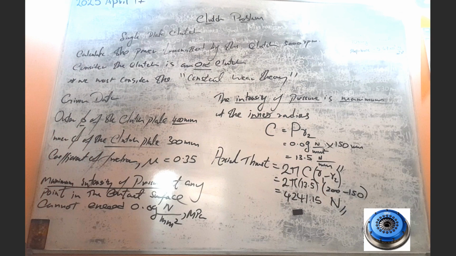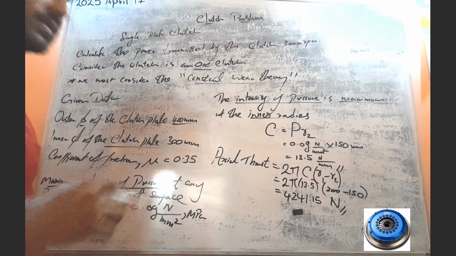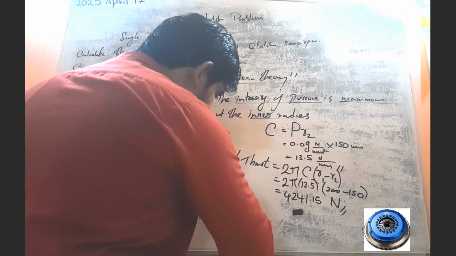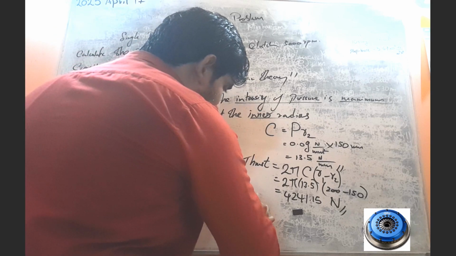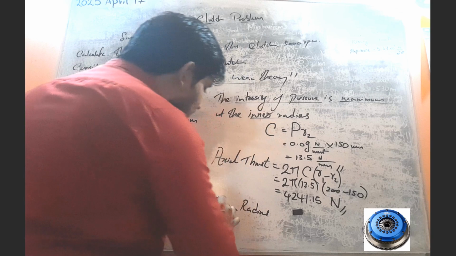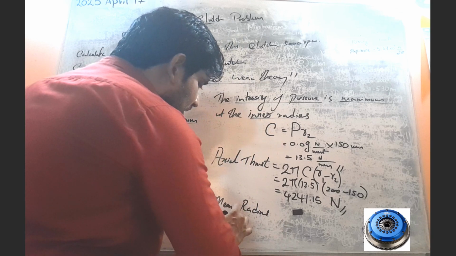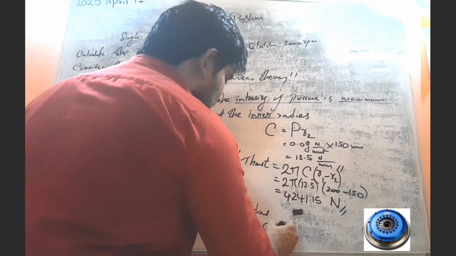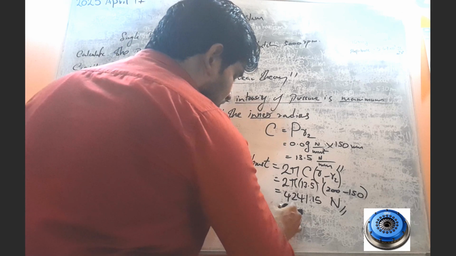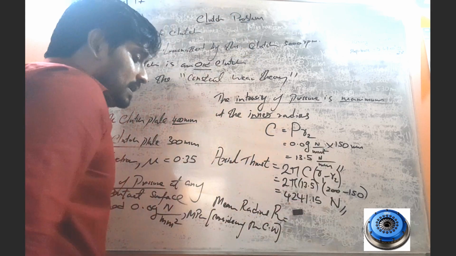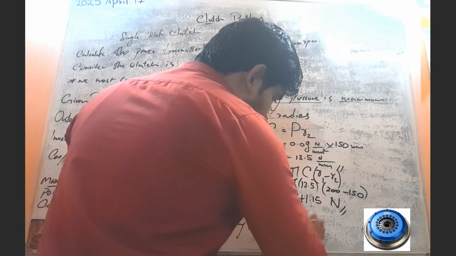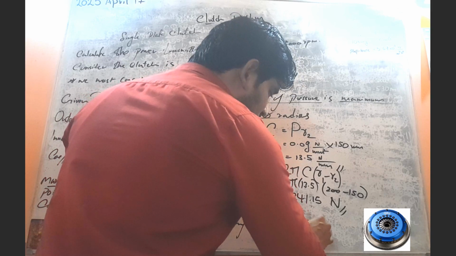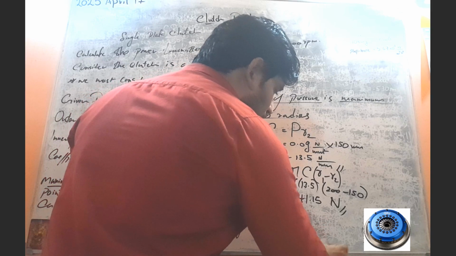Now the other thing that we need to consider is the mean radius. Mean radius, considering the constant wear. Let's call it capital R, which is R1 plus R2 divided by 2.